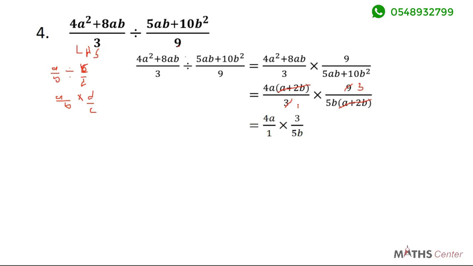The denominator here is 1, so we are going to have 4a over 1 times, here when 3 cancelled it, we are left with 3 over, we cancelled a plus 2b out, so now we have 5b here. So we are going to have the numerator multiplying the numerator, the denominator multiplying the denominator. So 4a times 3 all over 1 times 5b, and that is going to give us 12a all over 5b.